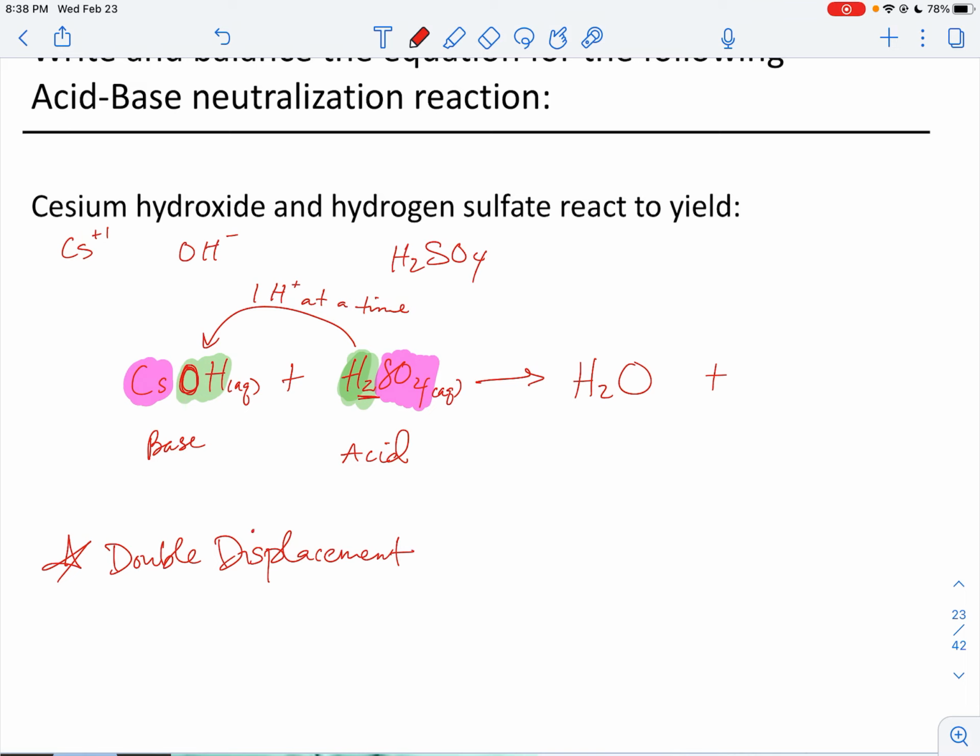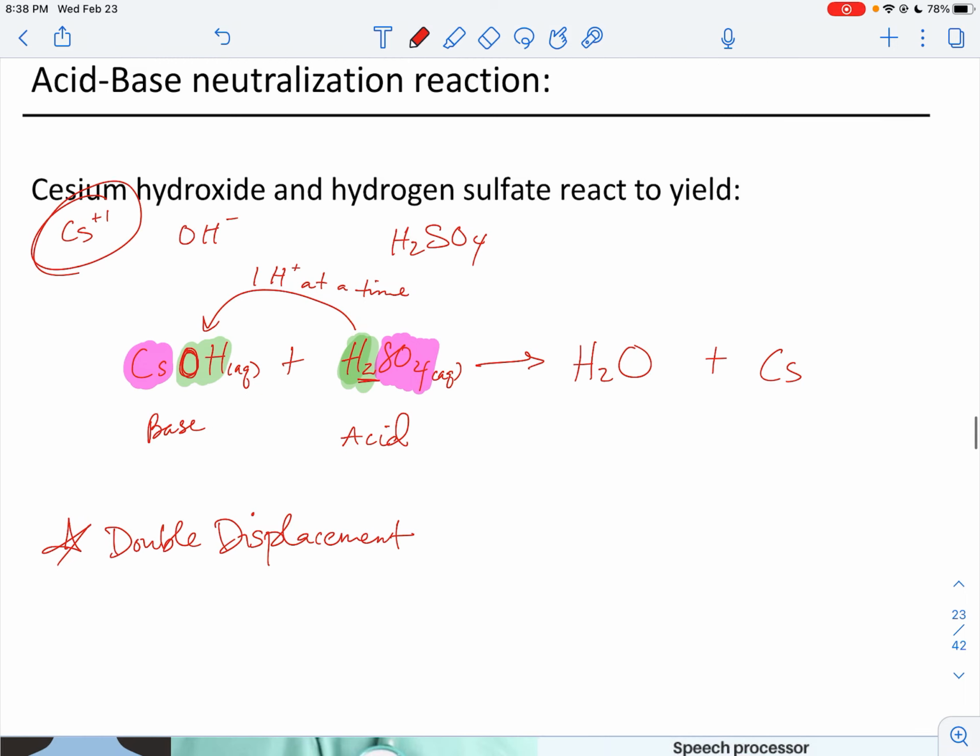All right, so we're going to write Cs, and remember cesium is a +1 over here. Sulfate we know is SO4 with a -2. So we're combining a cation with a +1 and an anion with a -2, so we're going to need 2 cations. So it's got to be Cs2SO4. Okay, and now we would need to balance this. I don't give you those instructions here, but you always want to make sure things are balanced when you're done.